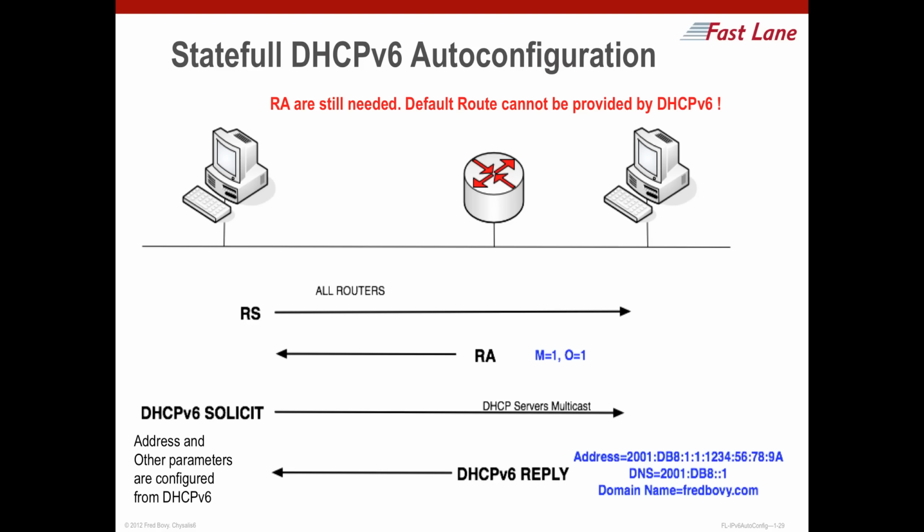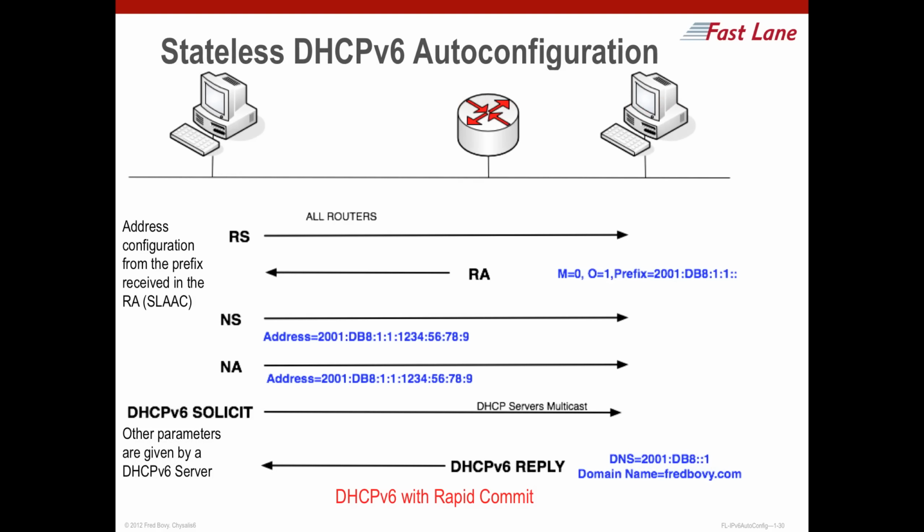And if the client fails to reply, the server knows that the client has gone, and the address can be reallocated for somebody else. So that's why, in this case, the DHCP server keeps a state, and it is a stateful DHCPv6 autoconfiguration.